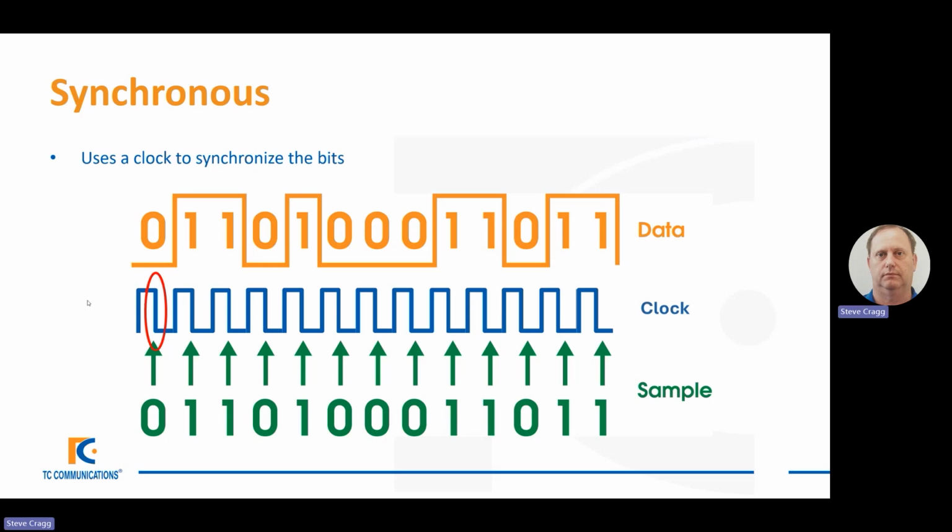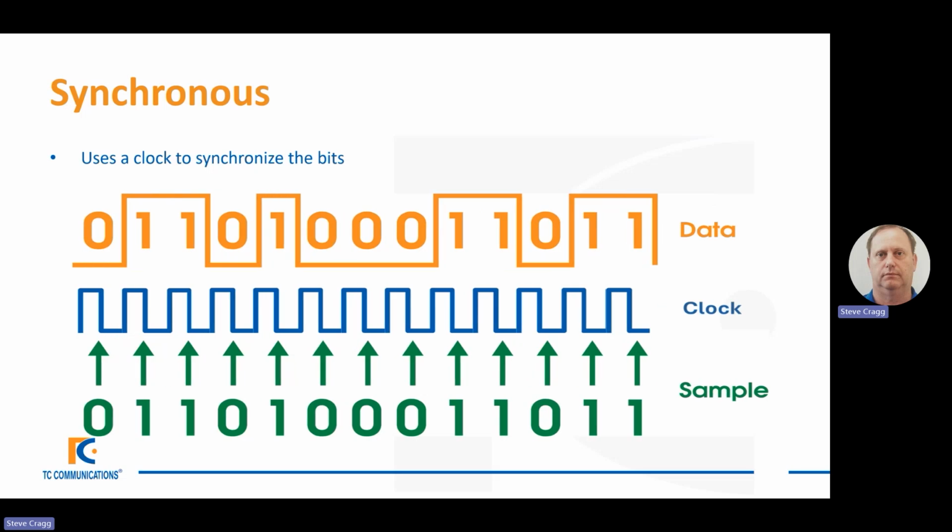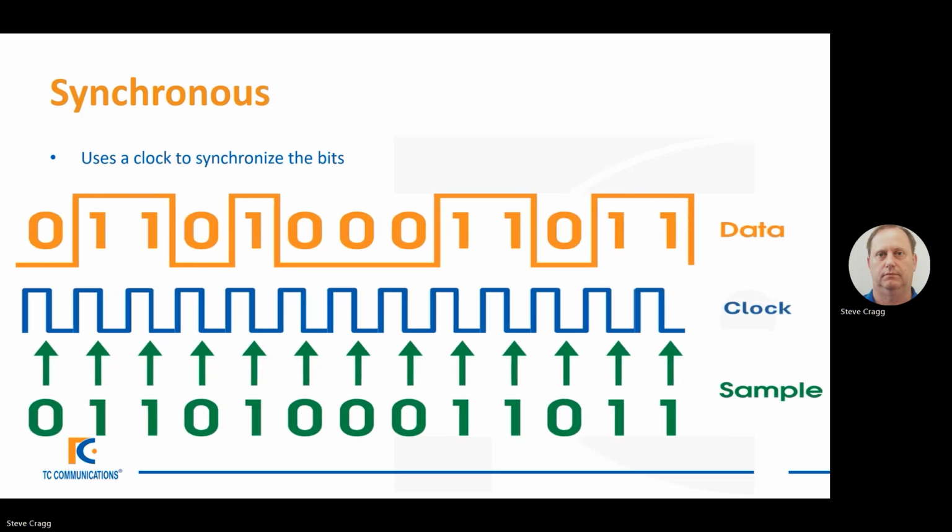This means that if, for example, we slowed the data down, and at the same time we slow the clock down, there's no errors being generated, because the receiving device can look at the clock and go, I know where to sample the data to make sure I get the right bit.